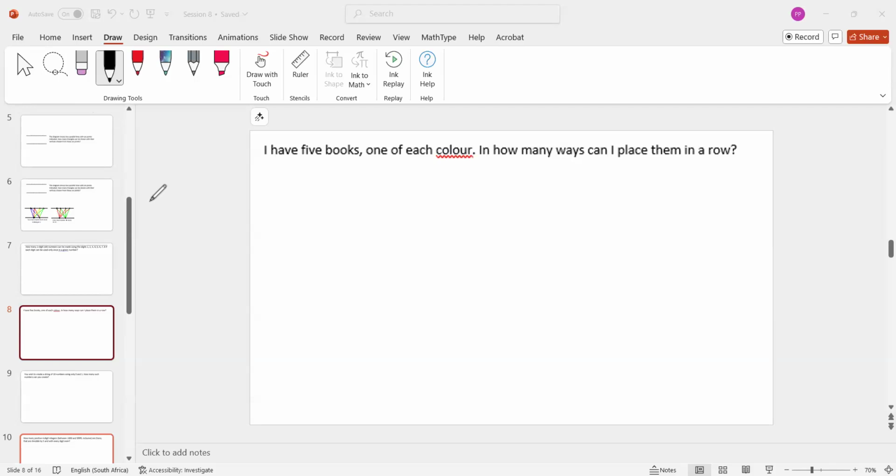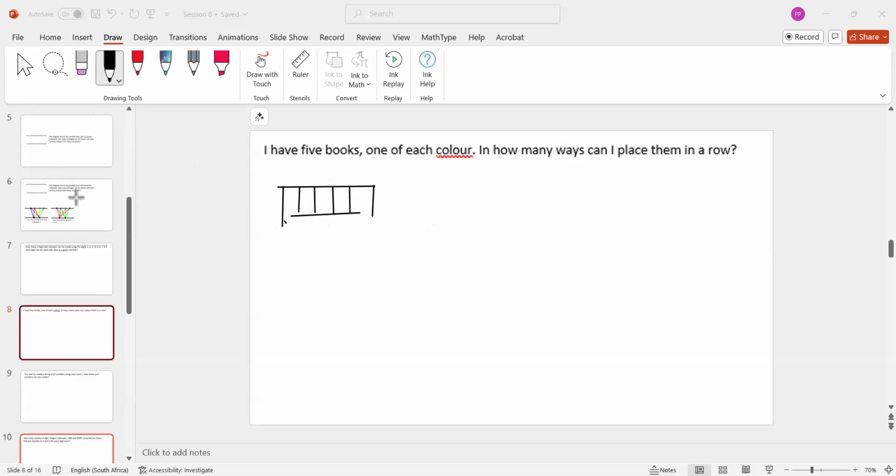This time you've got 5 books, and you're going to put them in a row. Maybe you're going to put them on a shelf, all next to each other, like this. Those 5 books can be placed like this.